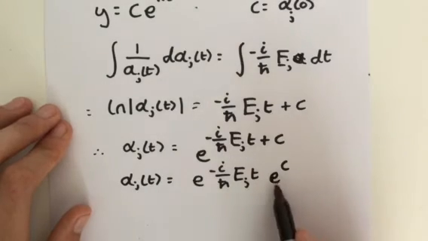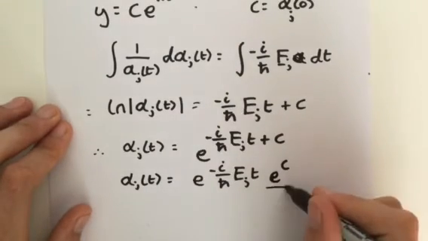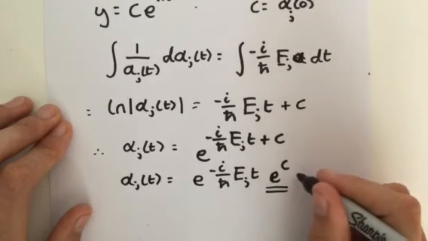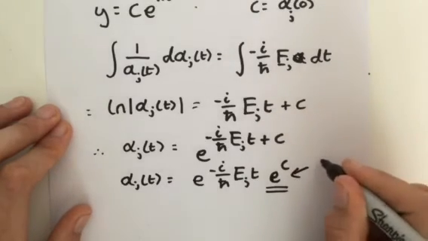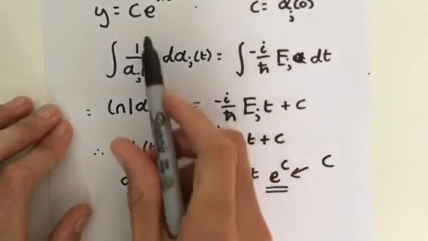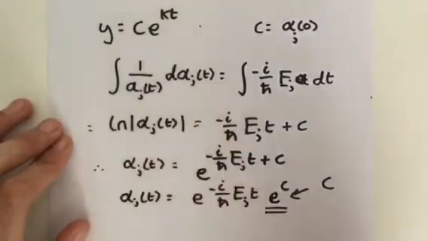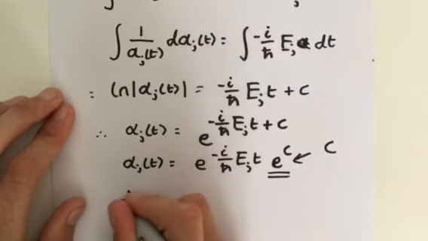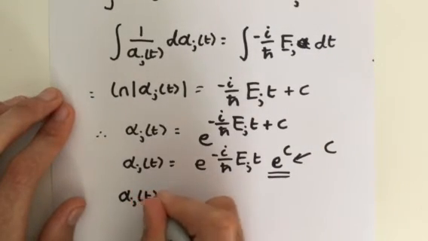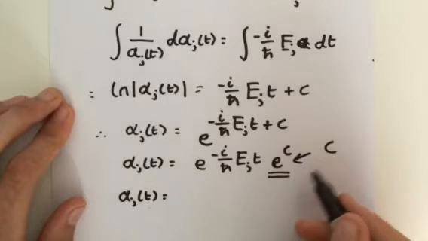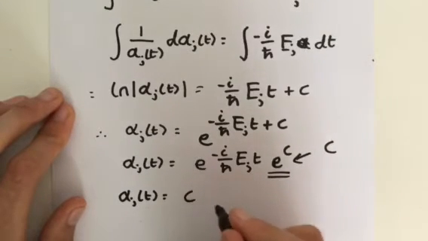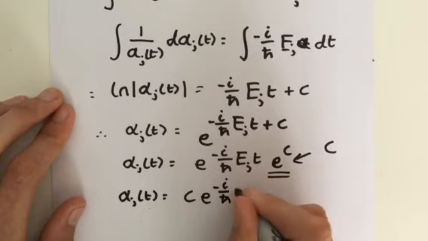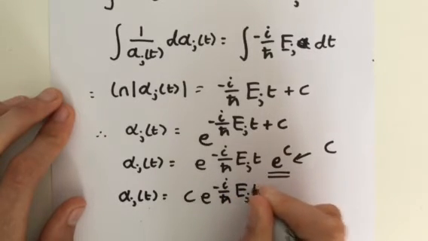So what is e to the c? e to the c is just another constant. So we can rewrite e to the c as just c, in this form we had here. So therefore we can write alpha_j(t) as c times e to the minus i over h bar E_j t.